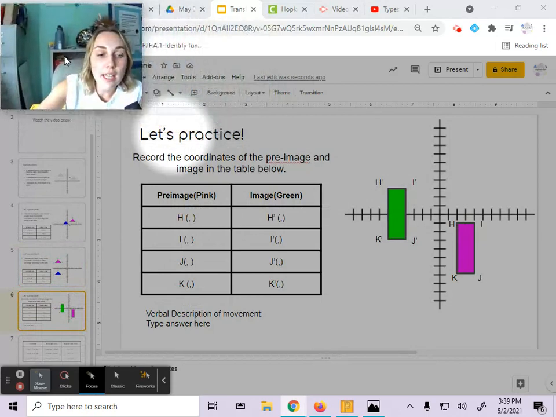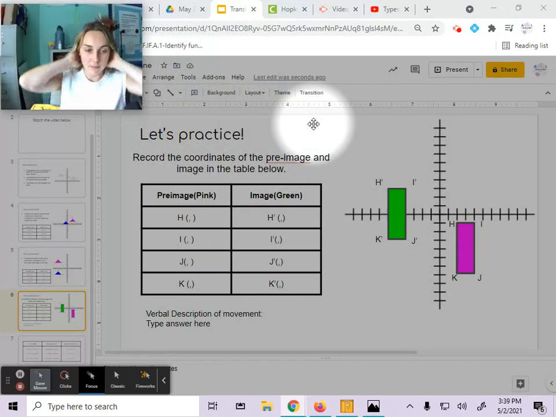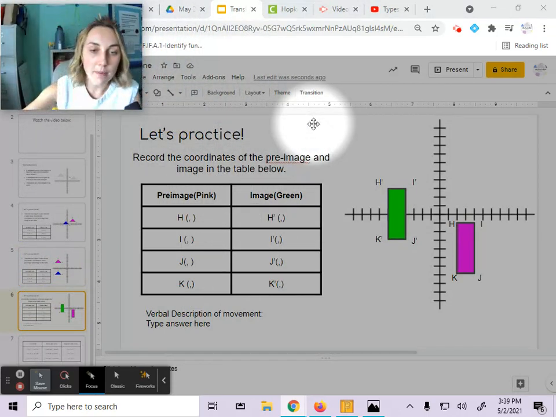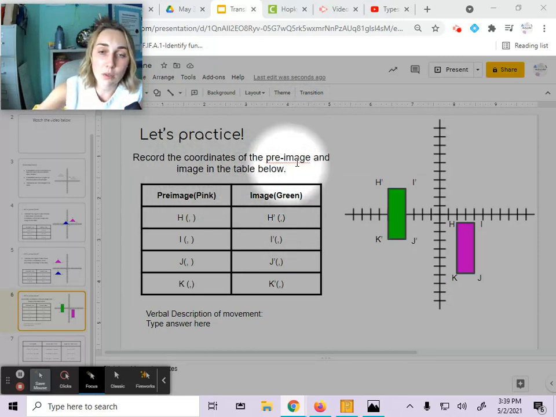All right. So if we look at slide 6, here's what's going on. Now we're going to record the coordinates of the pre-image and the image in the table below, and we're going to have to describe what happened from our pre-image to our post-image, okay? First things first, we need to locate what ordered pair H is at.